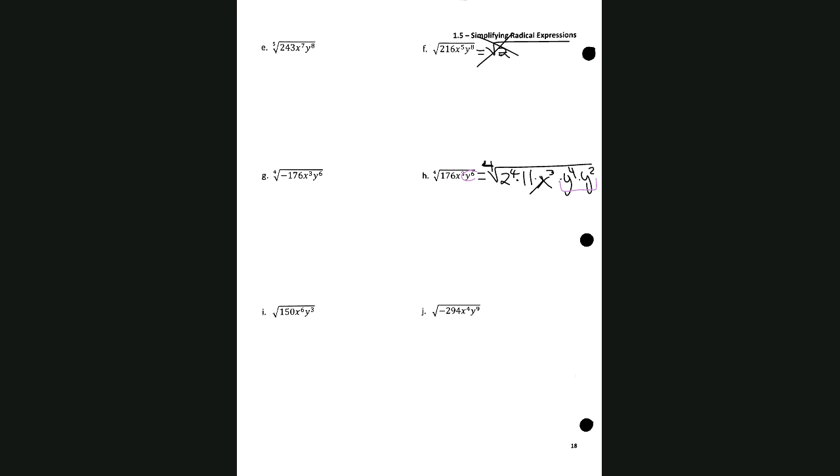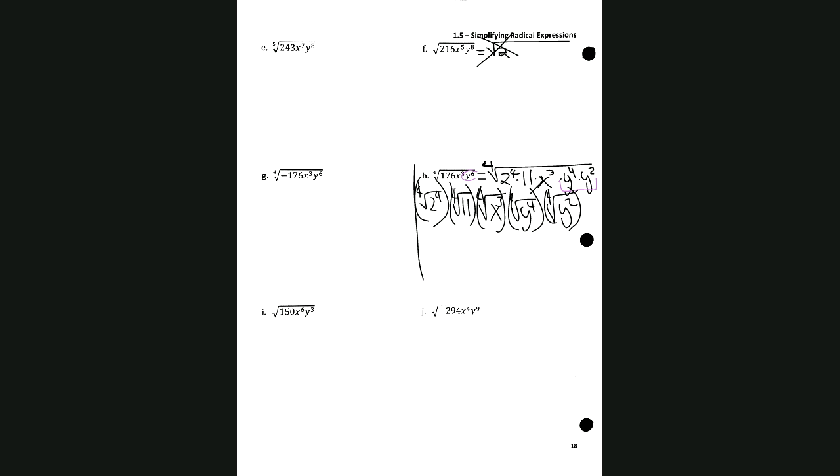Now that one, we could rewrite it as the fourth root of 2 to the fourth times the fourth root of 11 times the fourth root of x cubed times the fourth root of y to the fourth, and then times the fourth root of y squared.